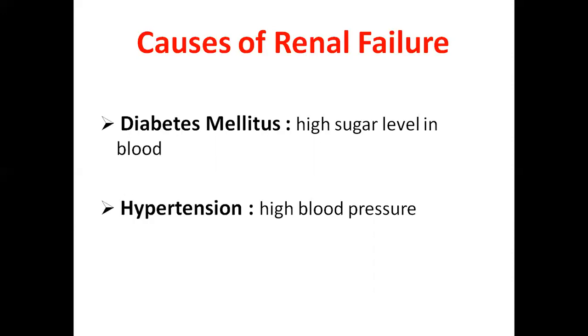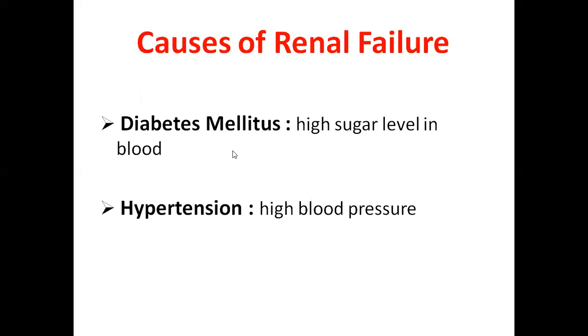Okay. In the previous slide, I mentioned diabetes mellitus and hypertension, and categorized them as causes of renal failure. So let me tell you what diabetes mellitus is. Diabetes mellitus is a disease which, in normal, non-scientific words, we call sugar.